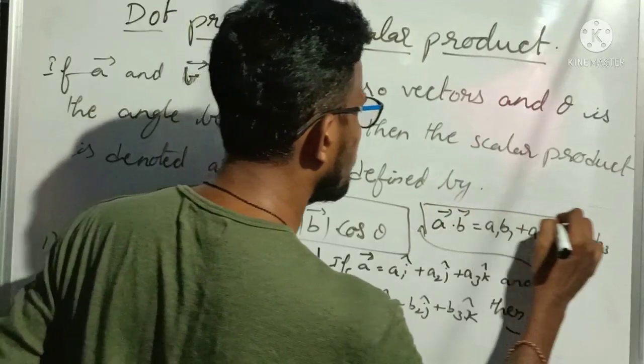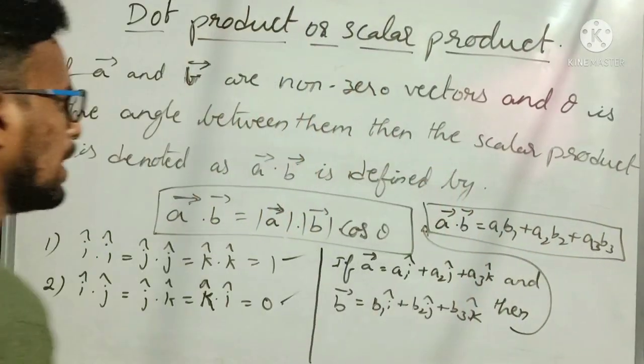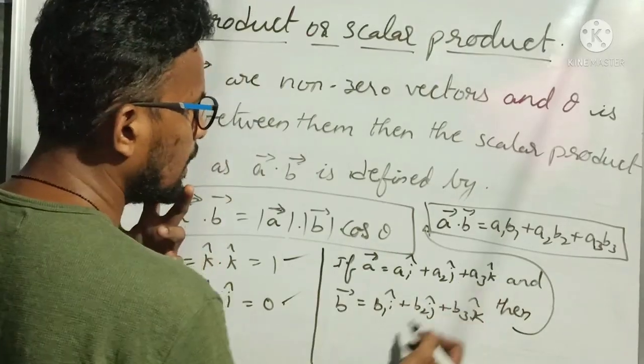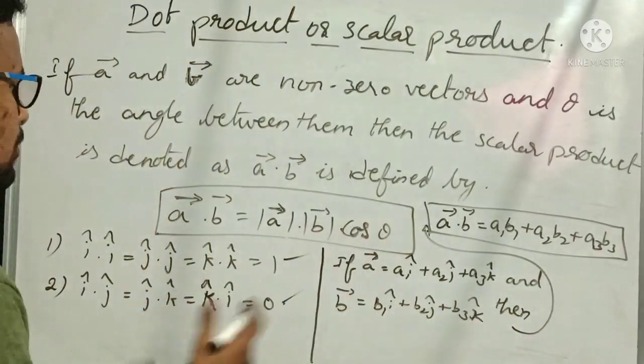Very important. Why? Because if we multiply, we also get j bar dot i bar, k bar dot j bar, something like that. Anyhow, those values are zeros.